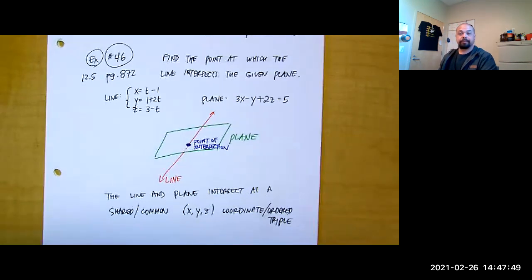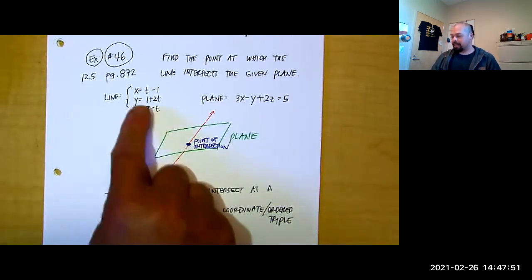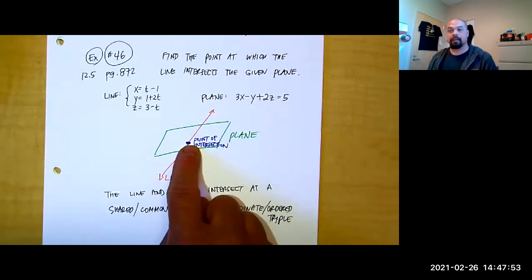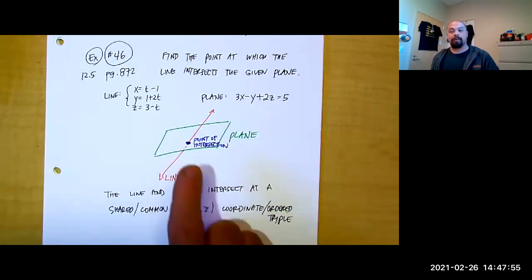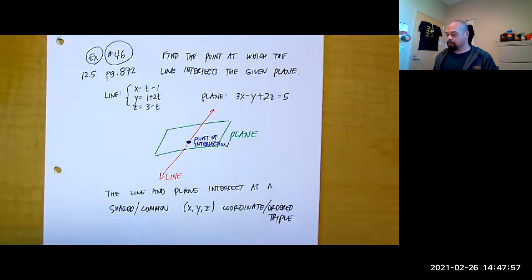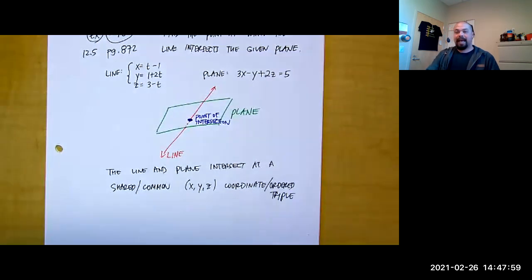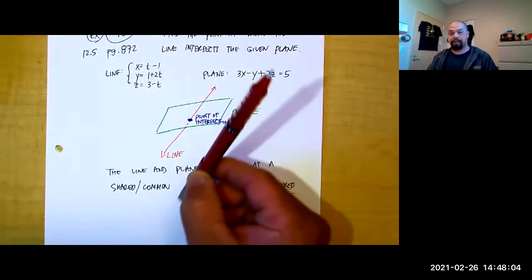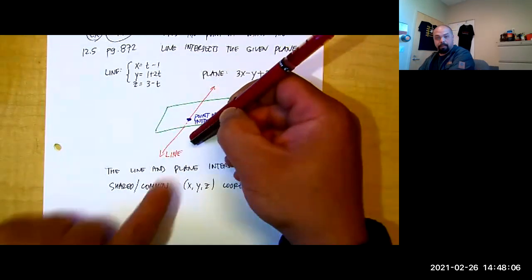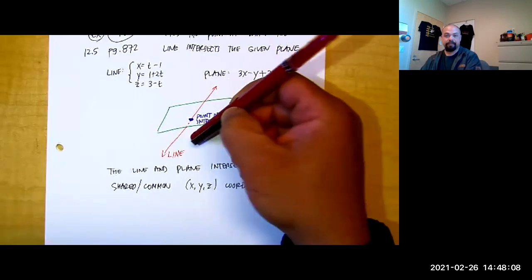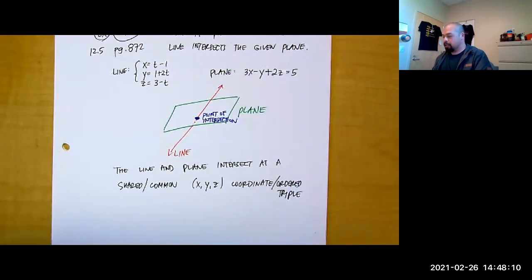Right? They're going to share the same exact x, y, z location for that one point where they intersect. Okay, and again, imagine like kind of having this pen cut through my sheet of paper. It's only going to cut at one particular point and trying to find that location, right? So in that case, it leads us to our process here.